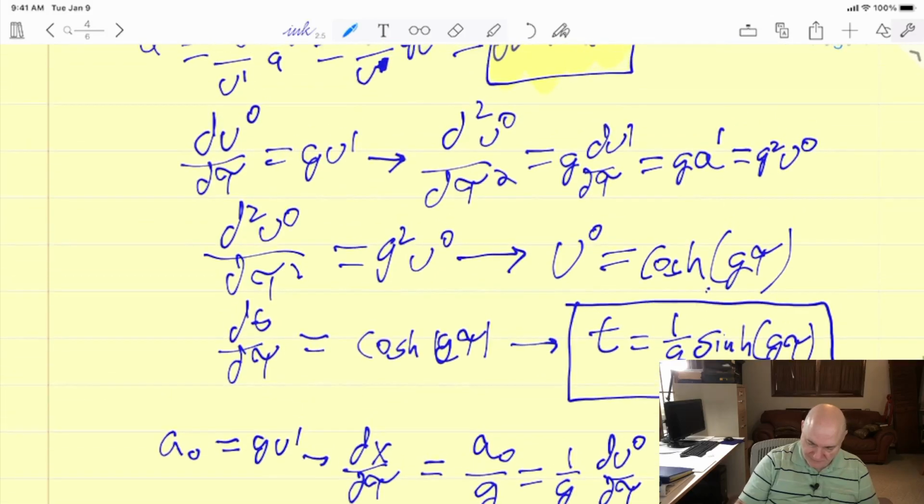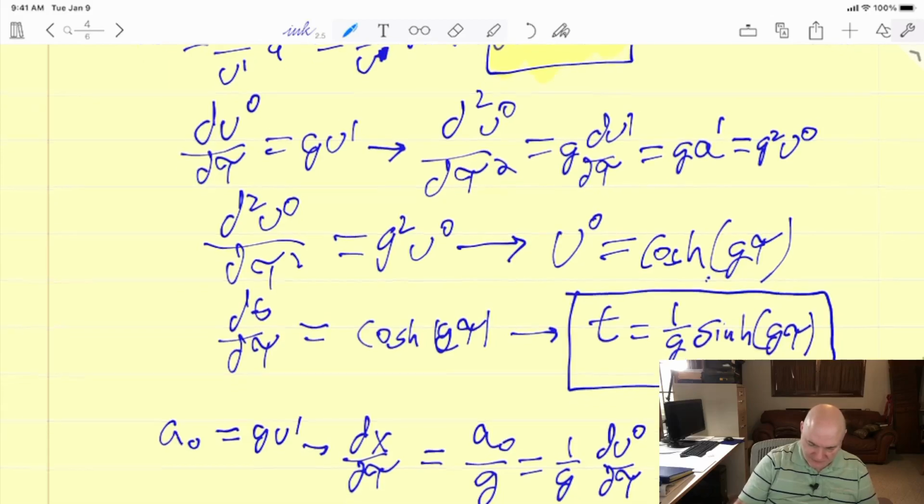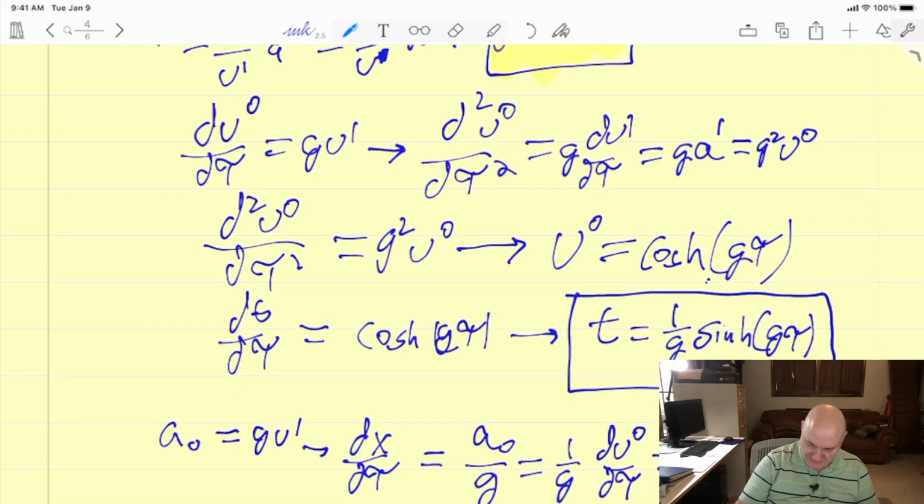We have that already up here. We just differentiate u0; a g comes out, which cancels that, and so we're simply going to get hyperbolic sine g tau.